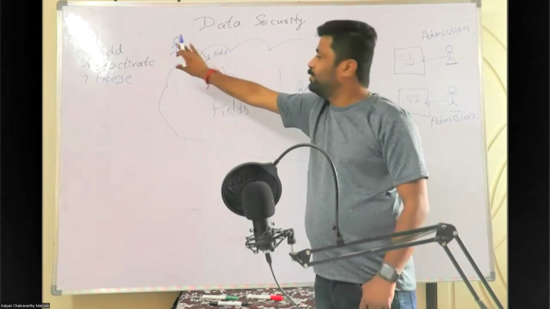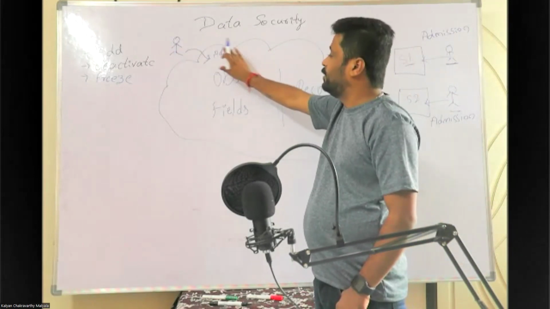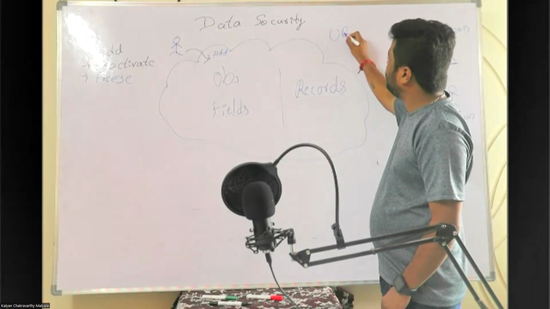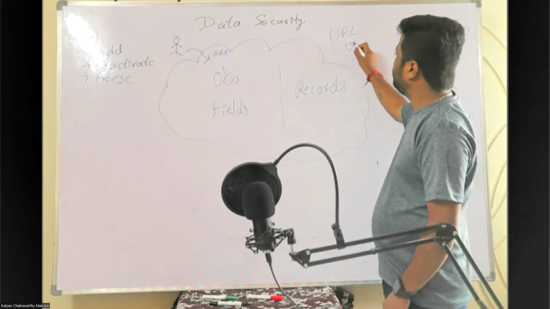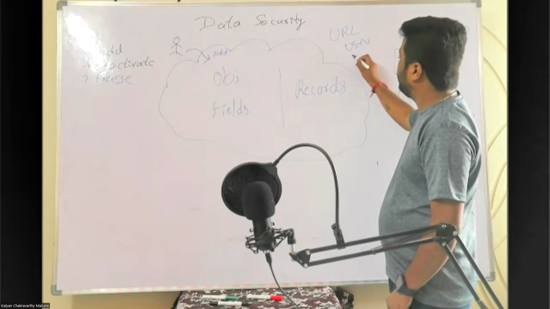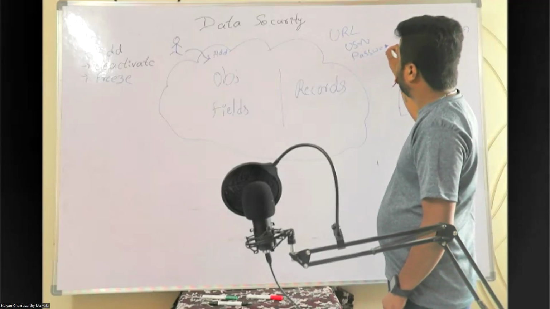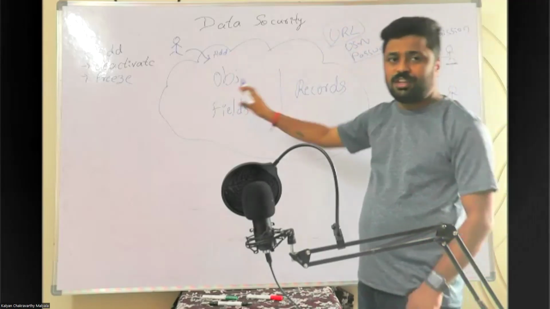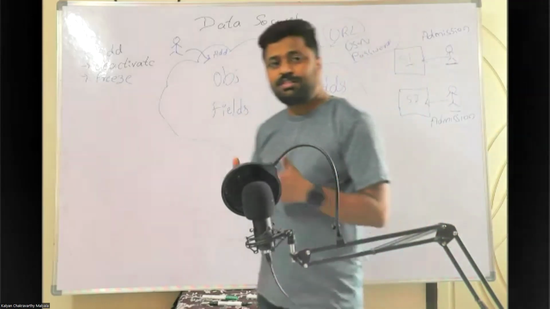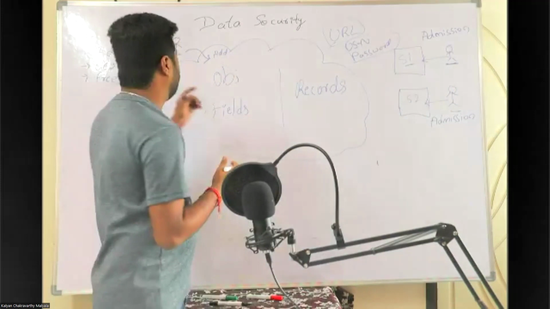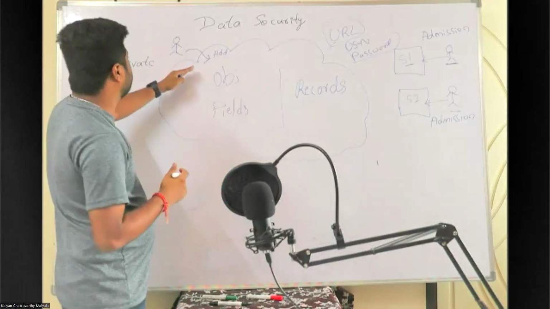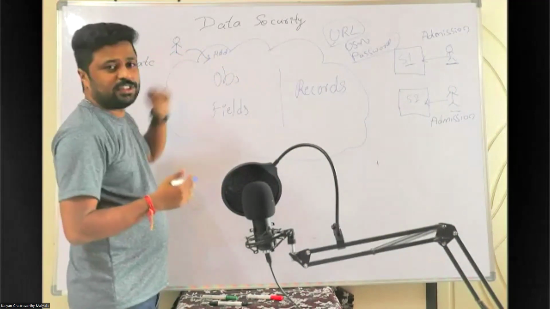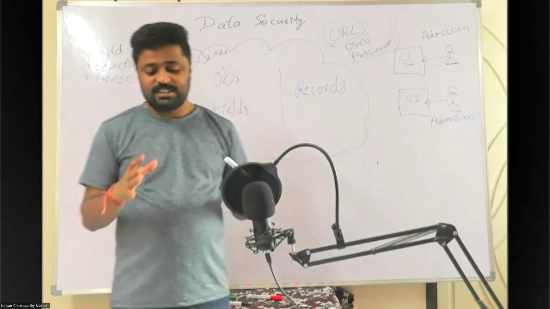If you add the user into this organization, then, as we saw in the last class, they will get a URL to log in, a username, and a password. With these, they can use this URL to log into this organization. This is the first level of security, or first level of barrier, to enter into this organization, that we have seen in the last class. So we have provided the user access to enter this organization. Till here it's clear, right, Harvit?